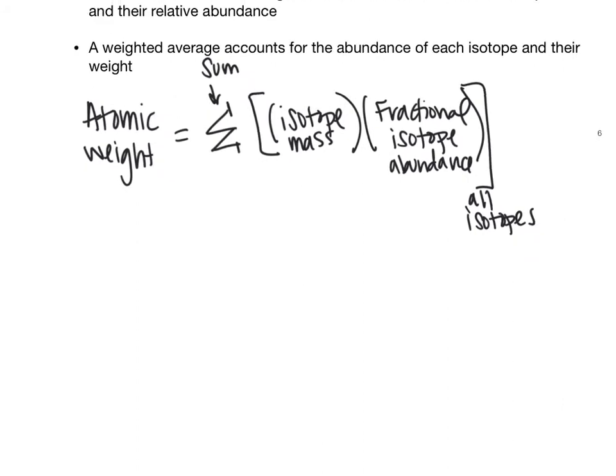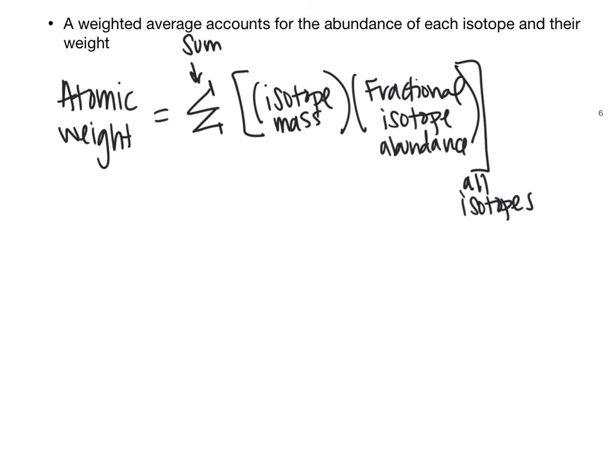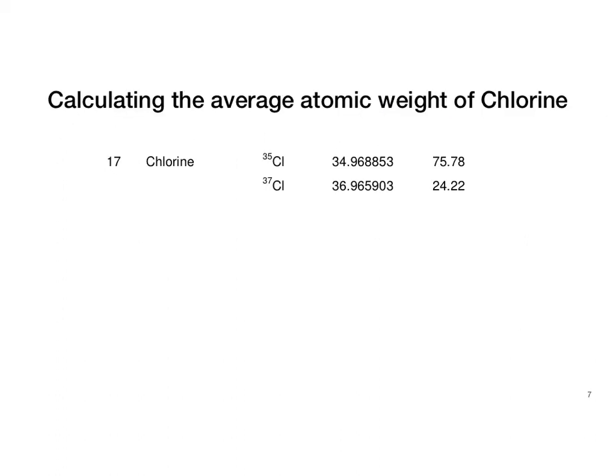This basically means if we're trying to figure out the average atomic weight, so the number in the bottom of our carbon square, 12.01, we need to figure out this value. And we can calculate that based on how many isotopes there are and how much they account for. So if we look at chlorine, chlorine has 2 isotopes.